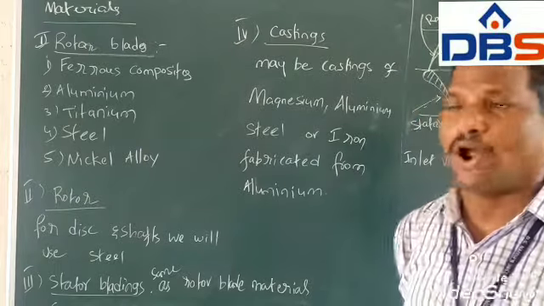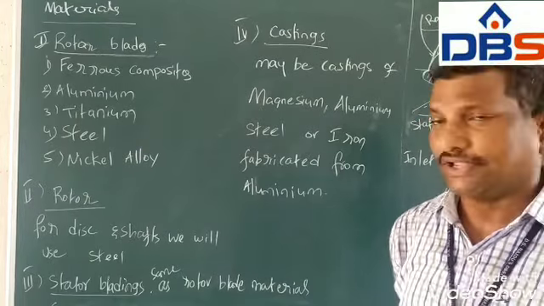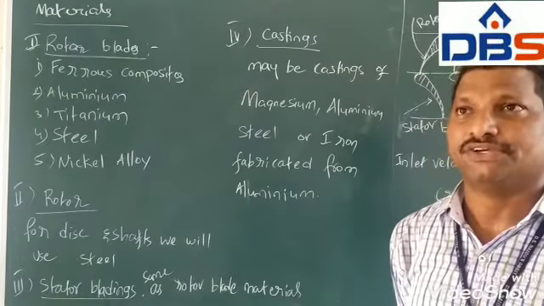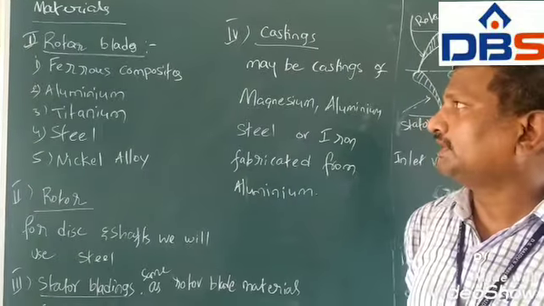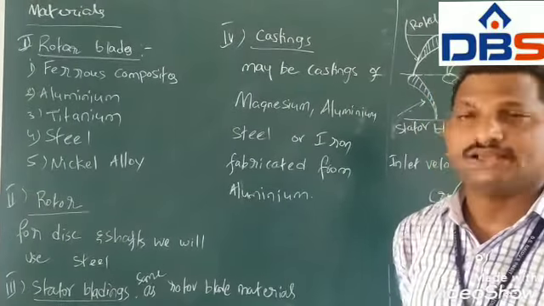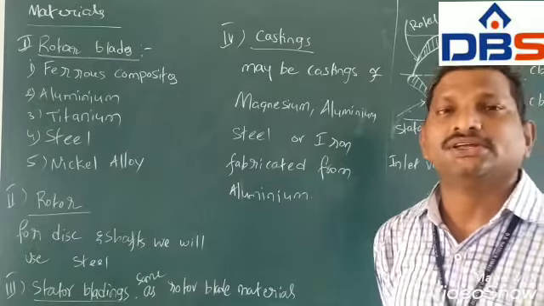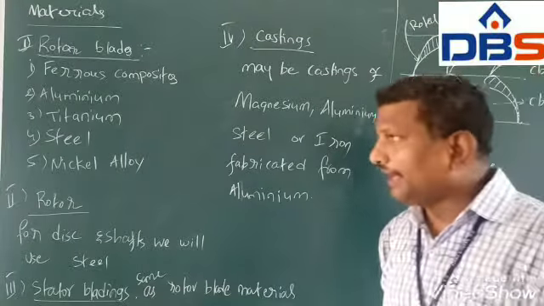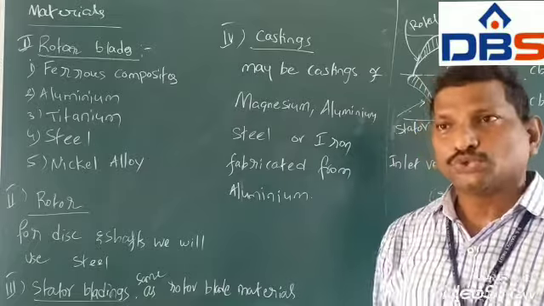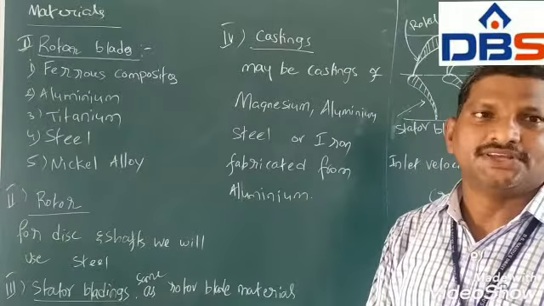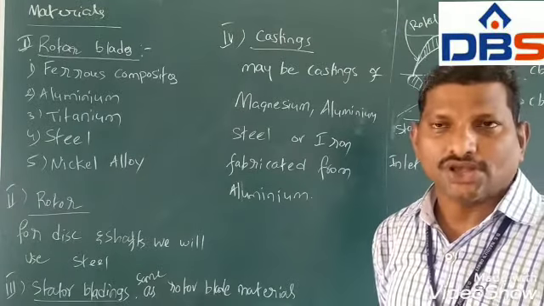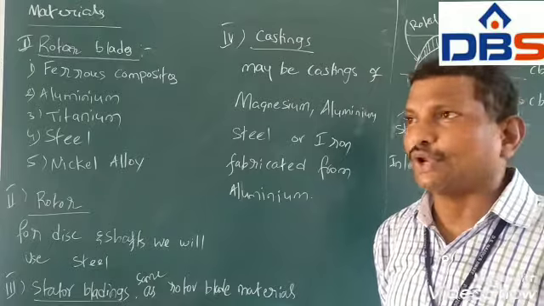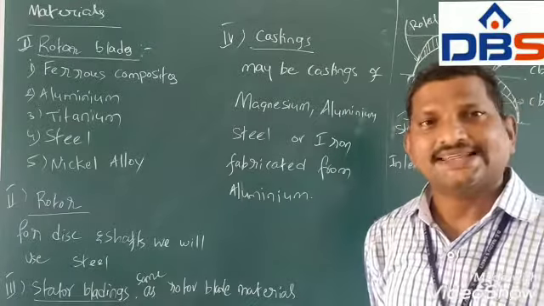So material properties should not be affected. Also these blades must be super finished with an aerofoil structure. This aerofoil structure helps us minimize the losses due to shocks, turbulences and stalling.